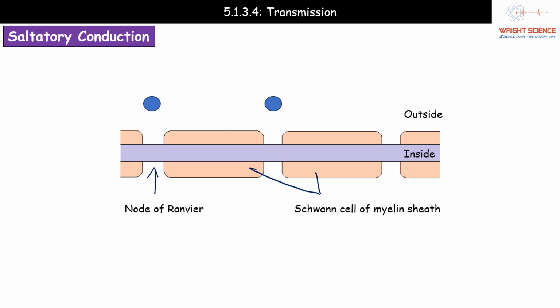All that happens is they are then going to be able to enter at the node of Ranvier, but then they have to just diffuse down that concentration gradient. So the only place they can enter is at the nodes of Ranvier. Other than that, we get that elongated local current as those ions are having to diffuse down that axon or dendron.